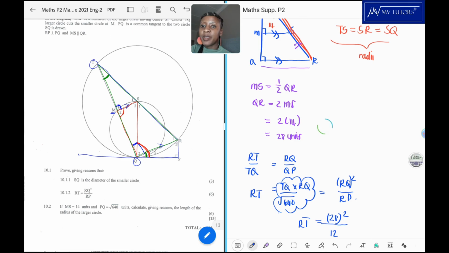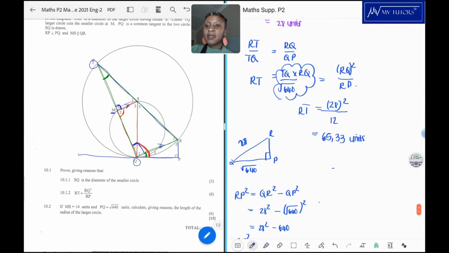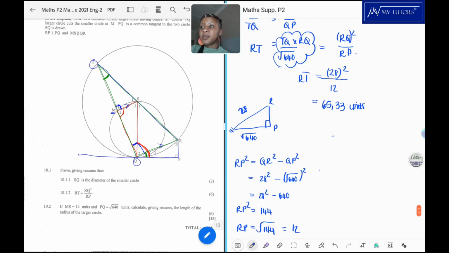We solved for RP and found that RP is 12. So it makes sense. If this is 14 and that is 28, it kind of makes sense that it's 65,33 units.